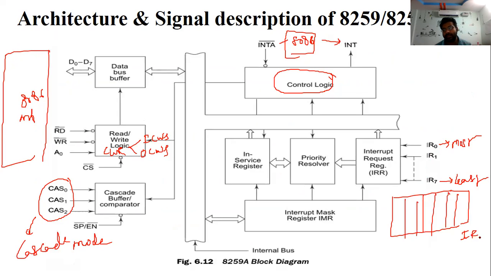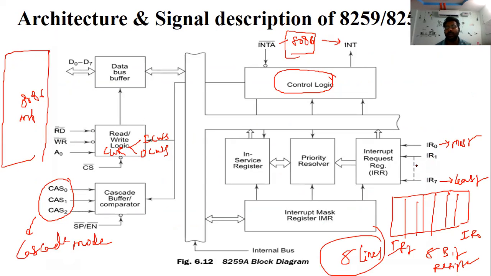IR0 to IR7 are 8 lines, and each line is connected to one device. IR7 is one line, IR1 is one line, IR0 is one line. Whenever any device is connected to IR0, that is the highest priority device. Whenever a device is connected to IR7, that is the least preferred device in terms of interrupt execution.